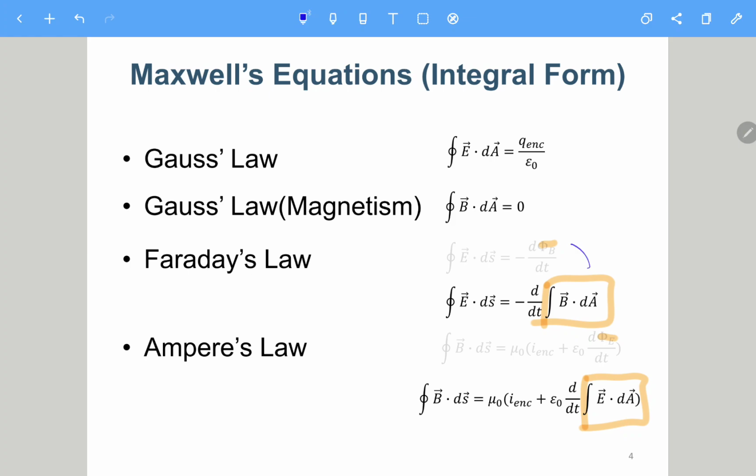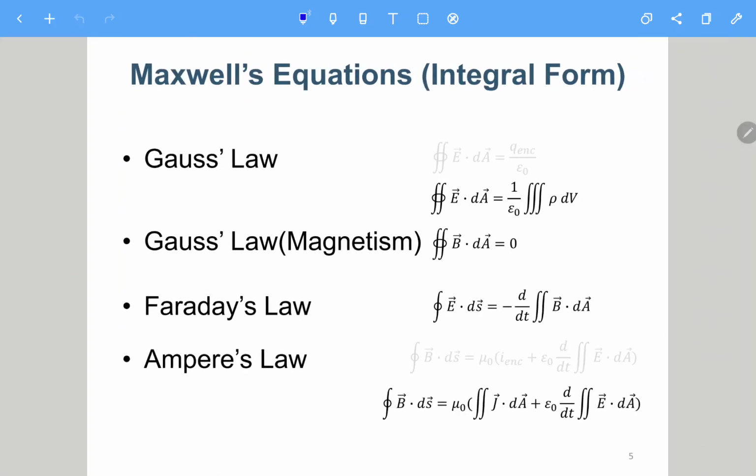It's just phi B equals the integration of B dot dA, and phi E equals the integration of E dot dA. We just change it back to the integration so that you can see B, E, E, B. Because phi B is just a function of B, we just make it more explicit.